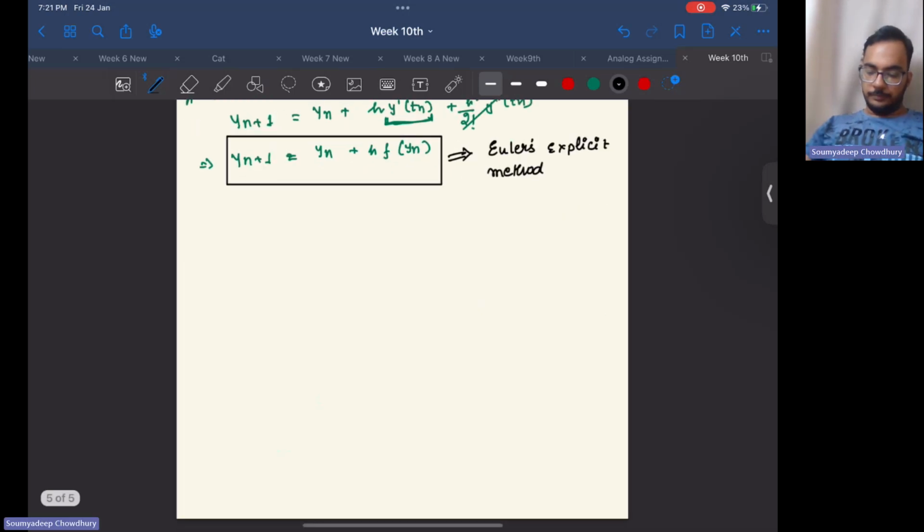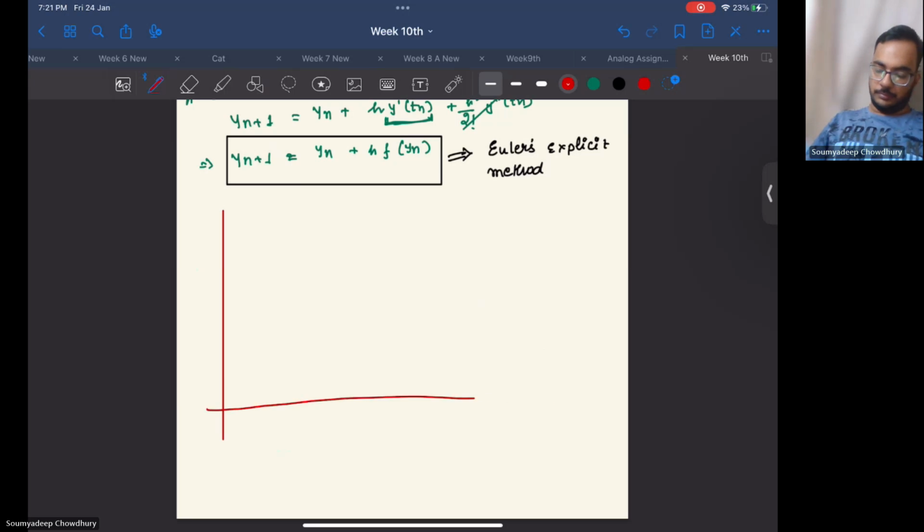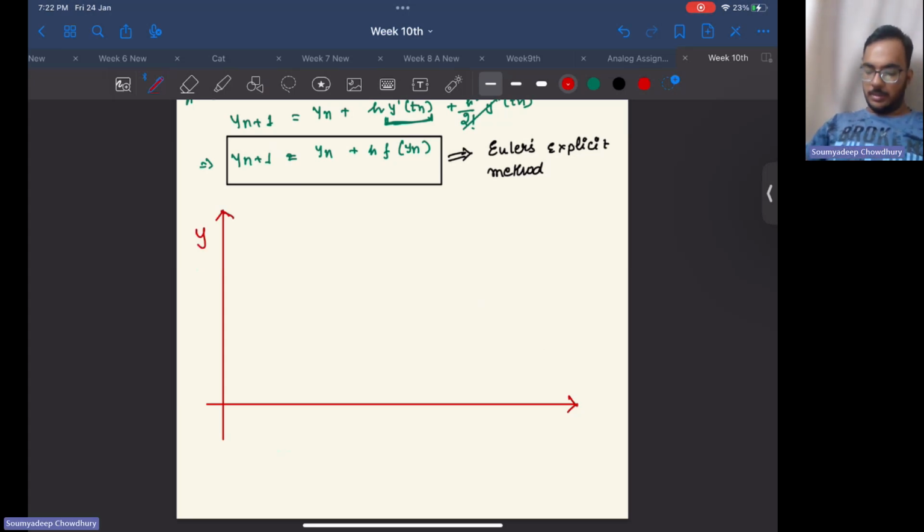Okay, so this whole situation, if we try to imagine in the graphical approach, y and this is t. So let me assume a general function. We don't know what this function is, just let us assume. So this is the actual trajectory, actual function, right?